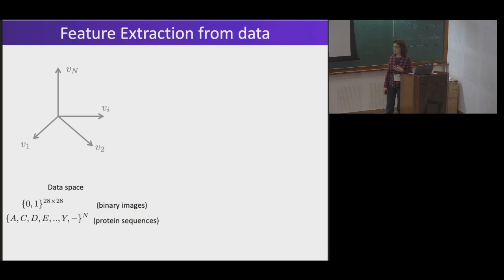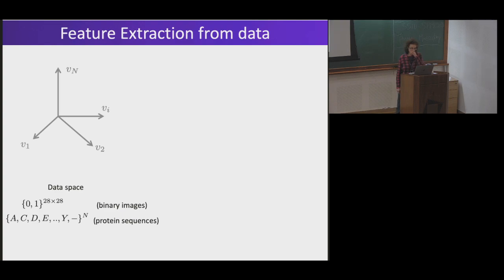Okay, so what is the idea? It is to go from the data space. The data space is a very high dimensional space. For example, for binary images, this is 2 to the power 76.